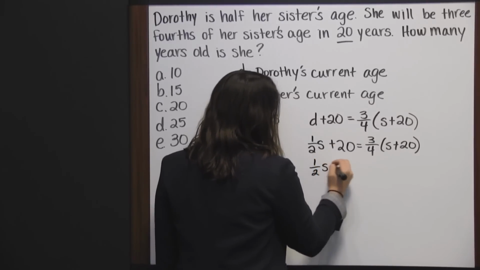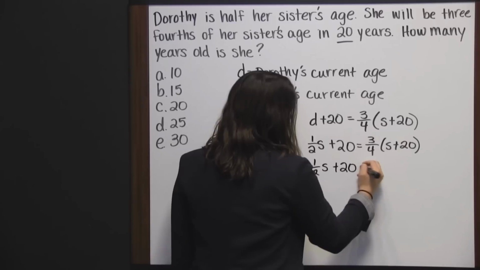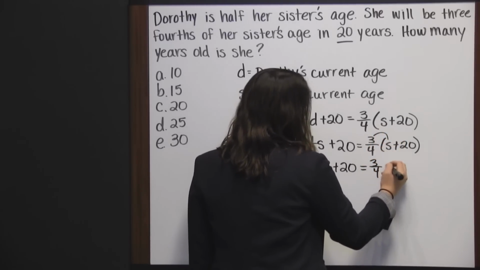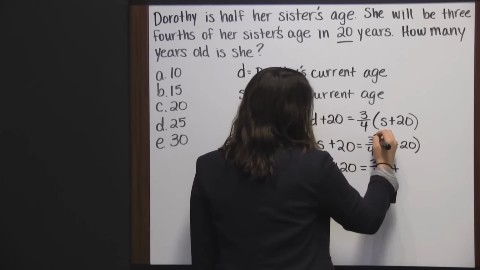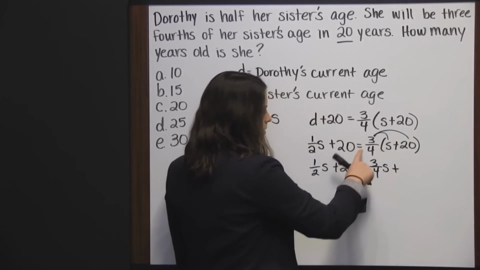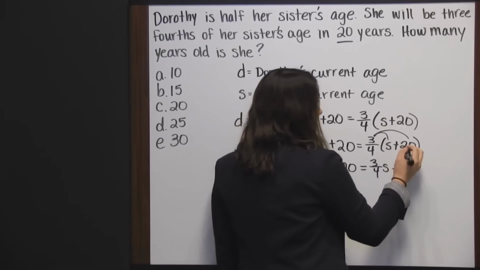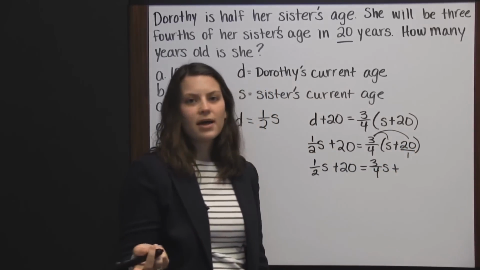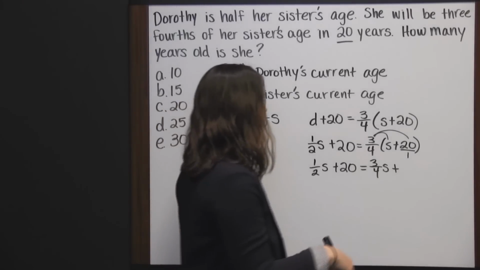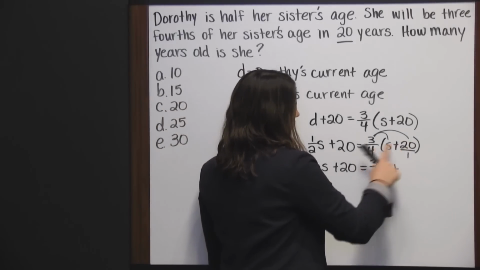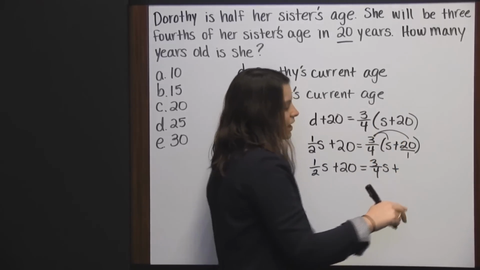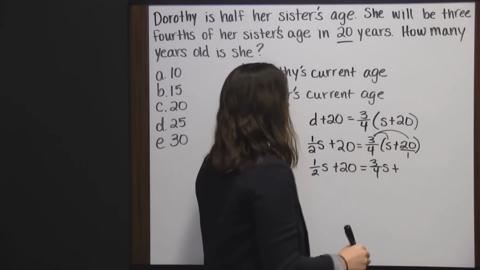So I have 1/2 S plus 20 is equal to 3/4 S plus, and then with the 3/4 and the 20, I can put 20 over 1, and I can simplify multiplying these numbers by cross-canceling 4 and 20. I'm simply multiplying two fractions together, so I can use this shortcut.